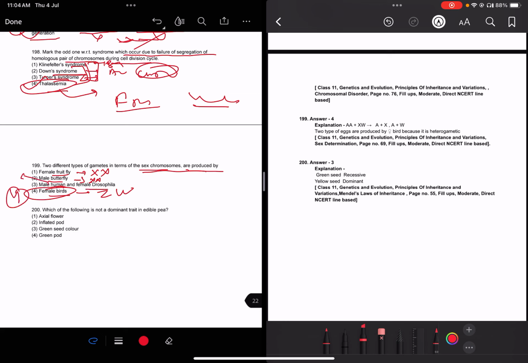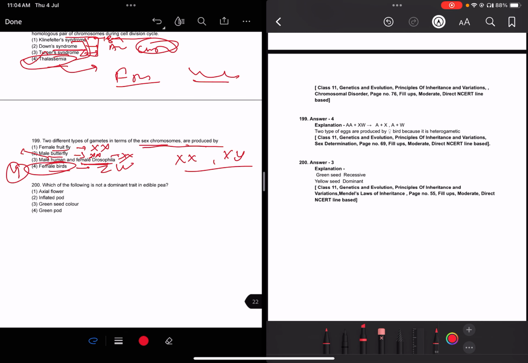Male human produces two different types of gametes, X gamete and Y gamete. Here we choose the more correct answer. So two types of gametes should both be correct. Male human is correct, but female Drosophila is wrong, it is XX only. Male butterfly produces the ZZ type.